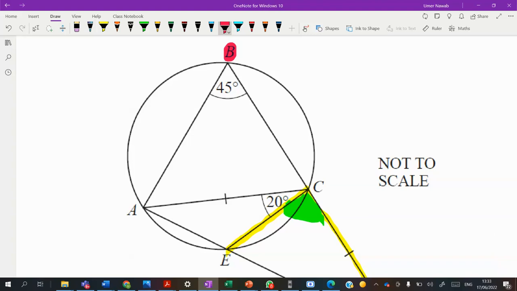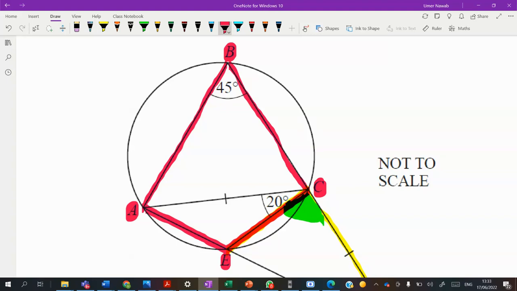Look, the B point, the A, the E, and the C. These are the four corners, and they are joined with straight lines. AB, AE, EC, and BC. So this is a cyclic quadrilateral, a quadrilateral whose all four corners are on the circumference of the circle. Such type of a quadrilateral is called cyclic quadrilateral.